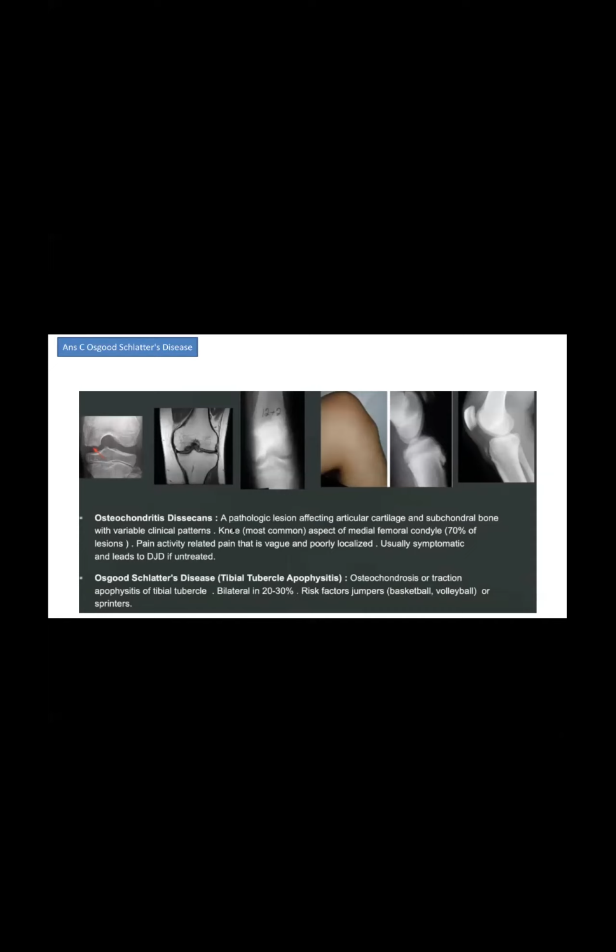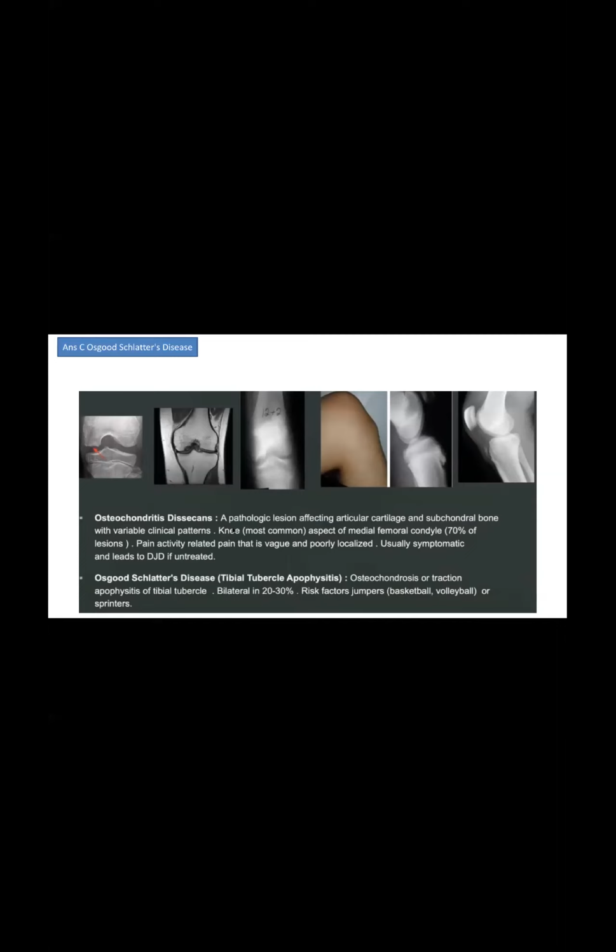Osteochondritis dissecans, a pathologic lesion affecting articular cartilage and subchondral bone. So the subchondral bone will be affected in osteochondritis dissecans. Just remember, the knee joint is more affected, the medial femoral condyle in 70%. Pain with activity is vague and poorly localized. Usually symptomatic, and if untreated, the fragment gets dislocated.